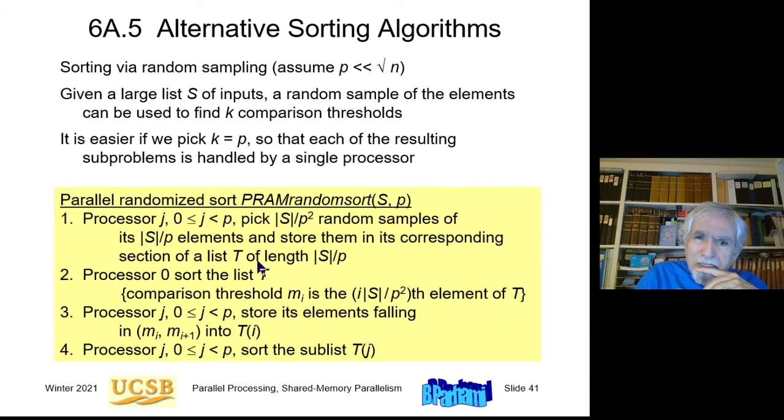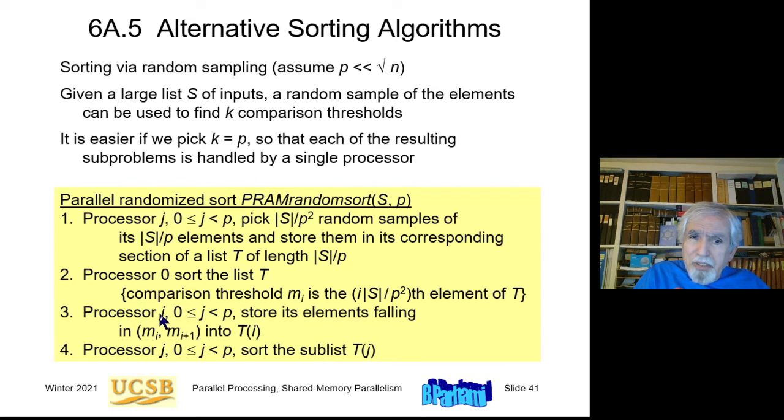So we find this list that is smaller than the original list, formed from random samples extracted from the original list. Now this list T is small enough for us to sort using just one processor. Processor 0 sorts this list, which is smaller by a factor of p than the original list, and the comparison thresholds are picked from this sorted list.